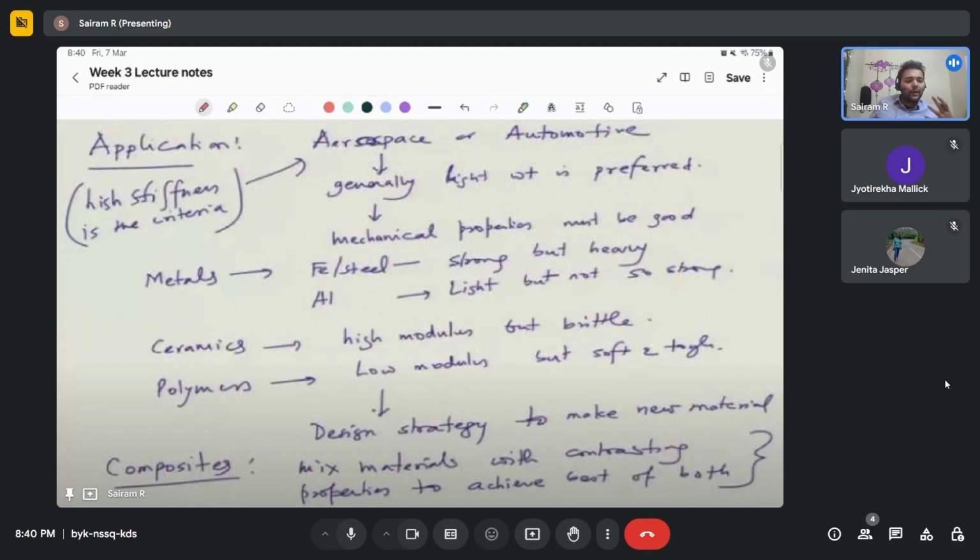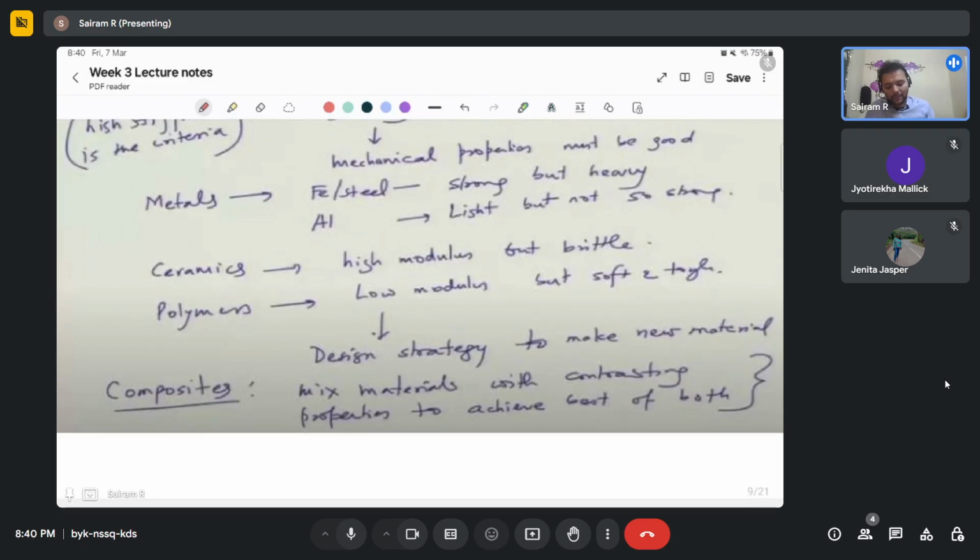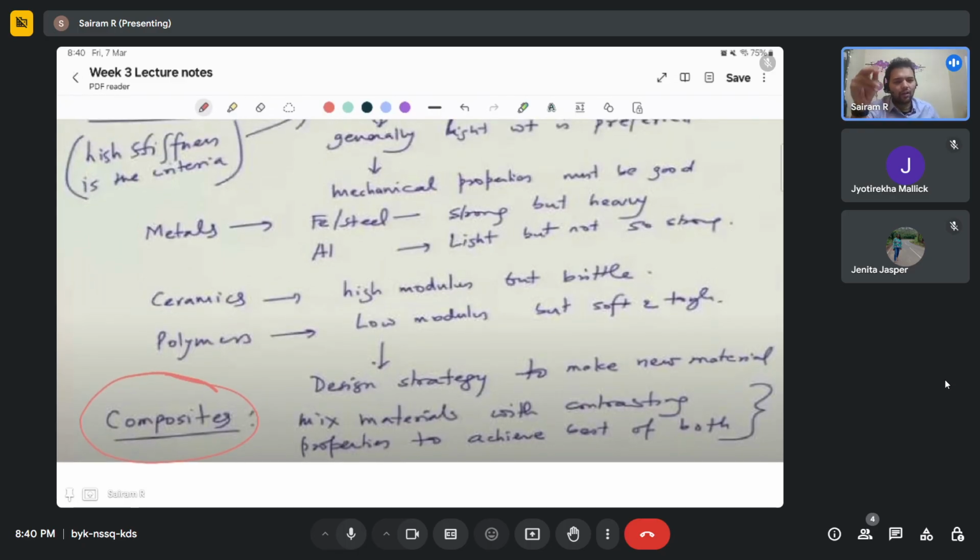We are going to have a combination of requirements which cannot be satisfied by a single material. So that's why we have gone for something called a composite material. Composite, as the basic English definition suggests, is a composition of multiple things together. That is what a composite is.